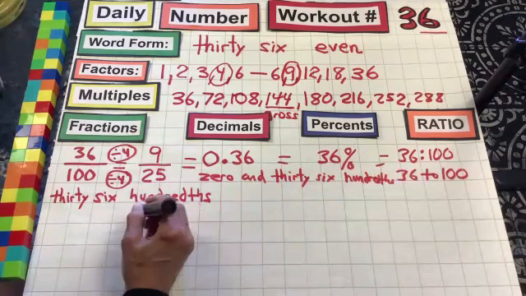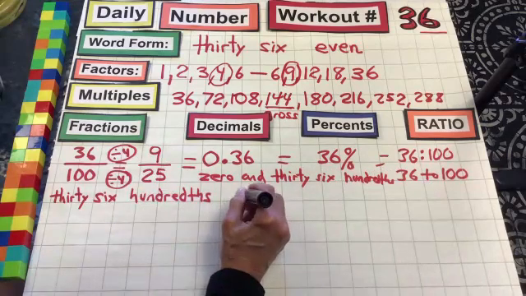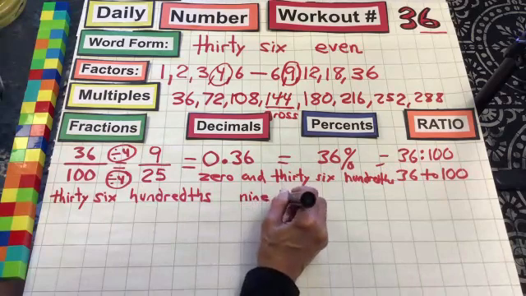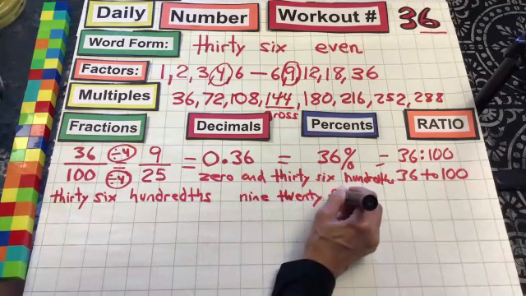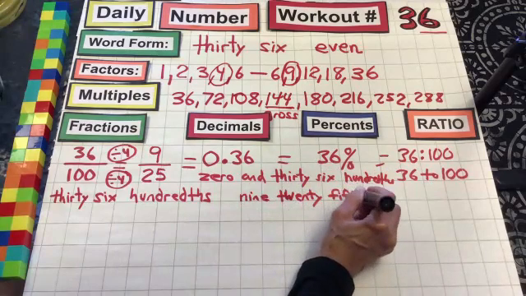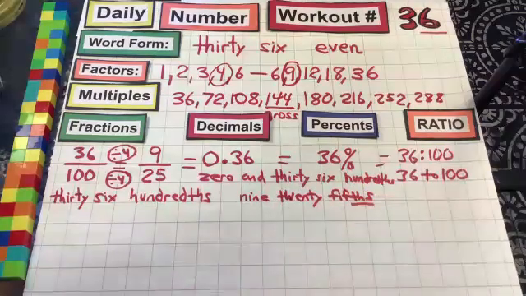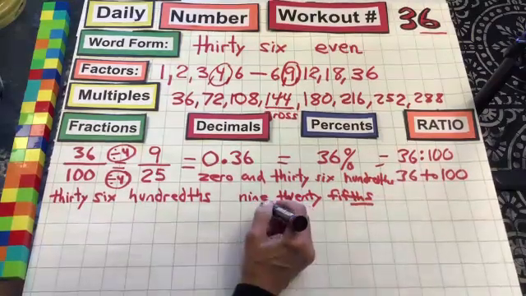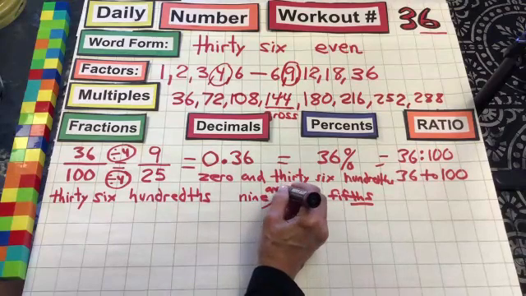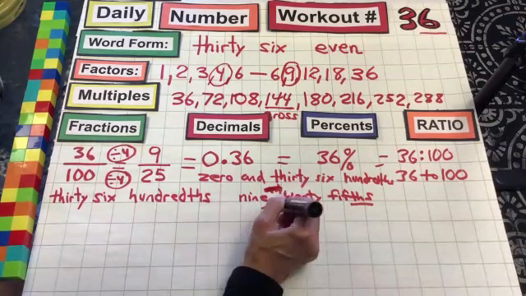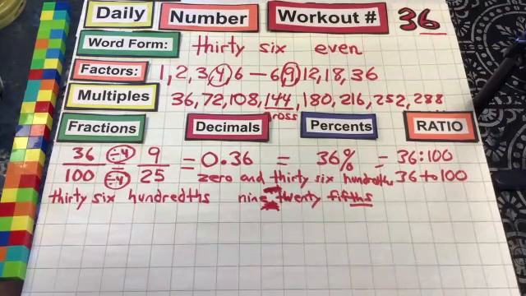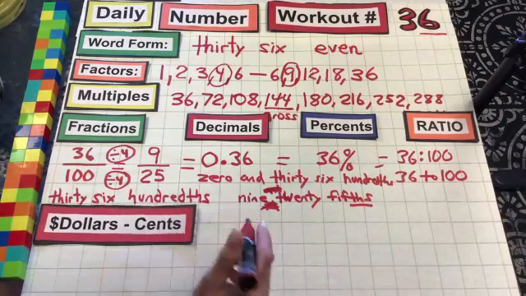And this would be 9/25. Whoops, silly me. I needed to write the word and 25ths. Or no, 9/25. That was correct the way it was. 9/25. Boom. 36/100, 9/25. All right, and we have our dollars.